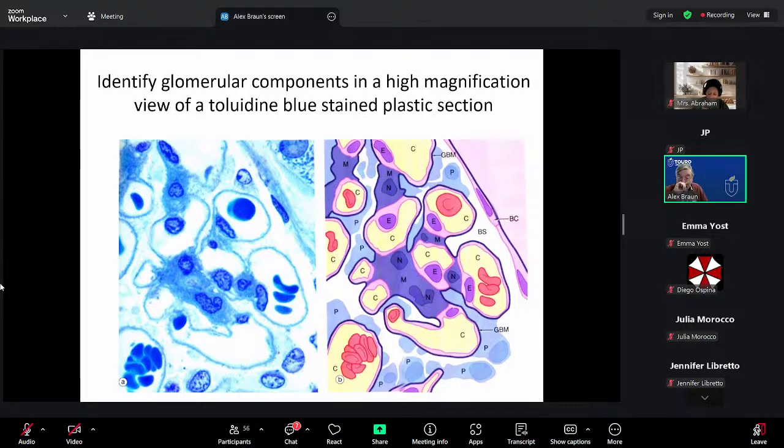I don't think I necessarily mentioned this yet, but the glomerular capillary wall actually is the glomerular urinary filter. That is the filter. So when the blood is pushed from the capillary lumen into the urinary space, it crosses the glomerular capillary wall in its entirety, which makes up the glomerular filter.